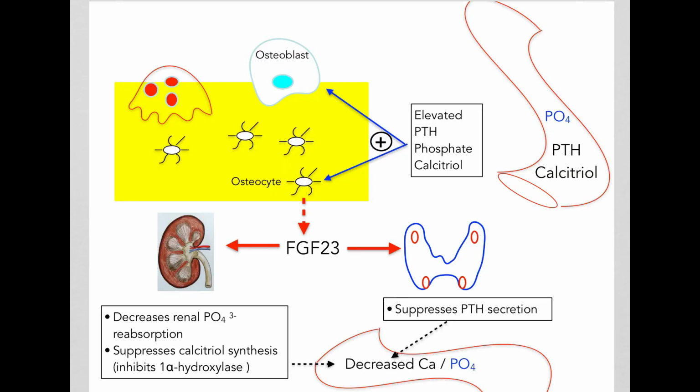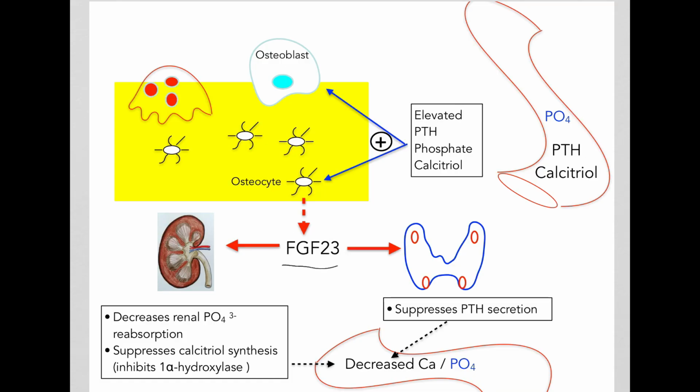Whenever the phosphate levels or the PTH levels or the amount of calcitriol in the bloodstream is high, under these conditions, the bone cells, osteoblasts as well as osteocytes, will secrete this biomolecule FGF23.